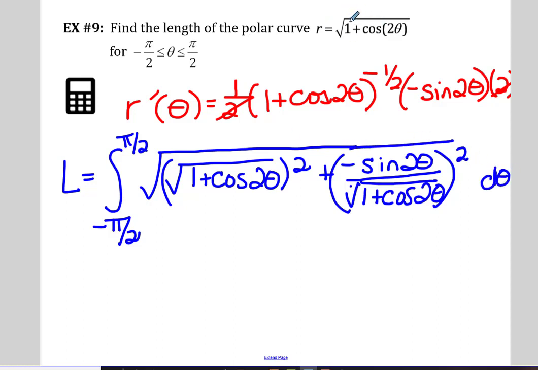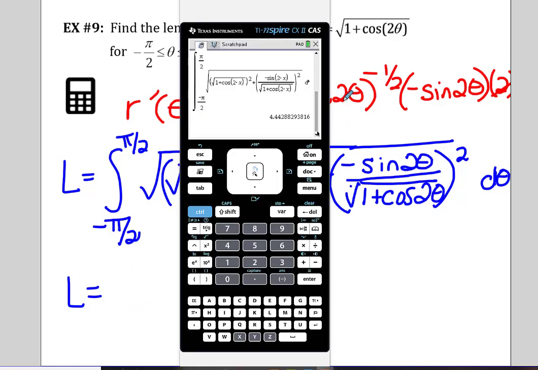Let's see, so this is our r squared, and this is our dr d theta squared. And again, going to the calculator to get our result.